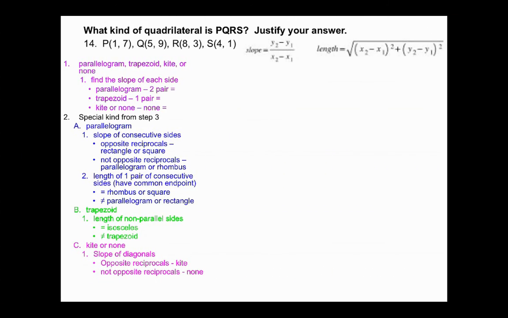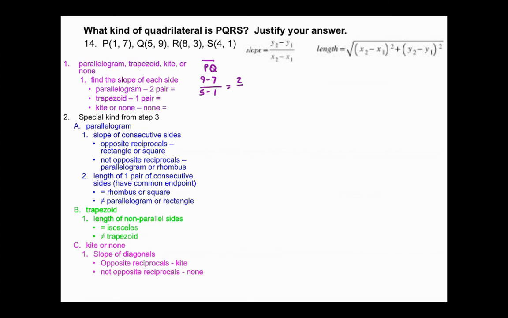One more example. So we're going to start with step 1. We're going to find the slope of all 4 sides. So we start with PQ, y2 minus y1 over x2 minus x1.